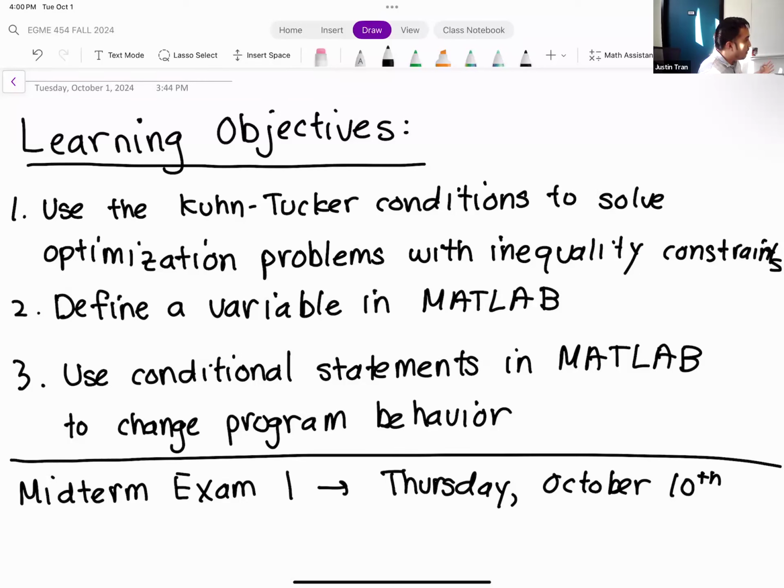From there, that closes our chapter on the classical methods, and then we're going to start doing more modern stuff. We're not really going to get into the modern algorithms until after the midterm, but now is when we need to start doing a lot of the prep work. That means we're doing a lot of MATLAB.